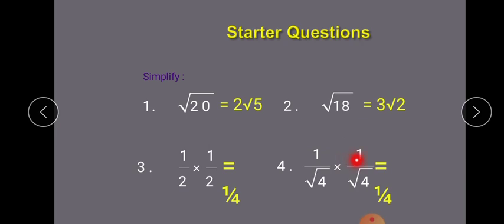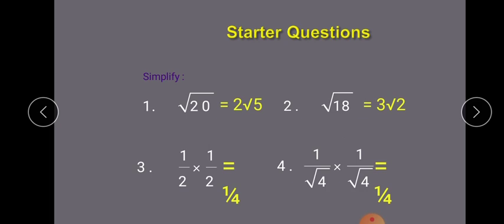1 into 1 is 1. Root 4 into root 4. Remember, when we multiply the same square root twice, then the root gets removed. For example, root 2 into root 2 is always 2.